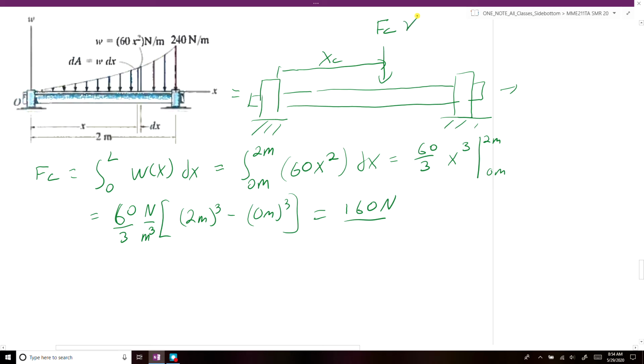All right, so that's our first step. We found what F sub c was, and then we would find x sub c next. So x sub c we know is equal to the integral from 0 to L of x times W of x dx, divided by our concentrated force, or our resultant force.